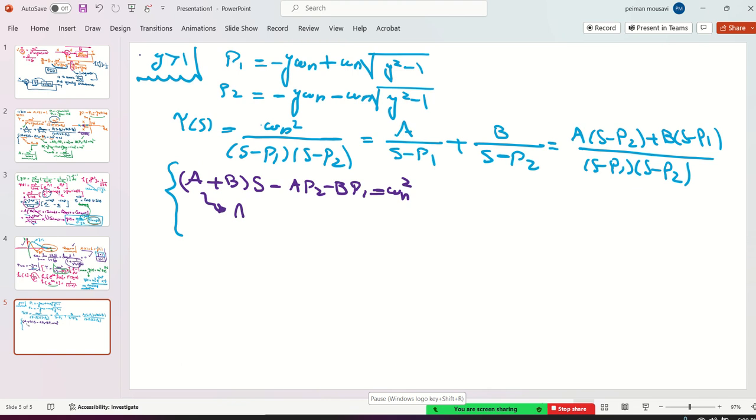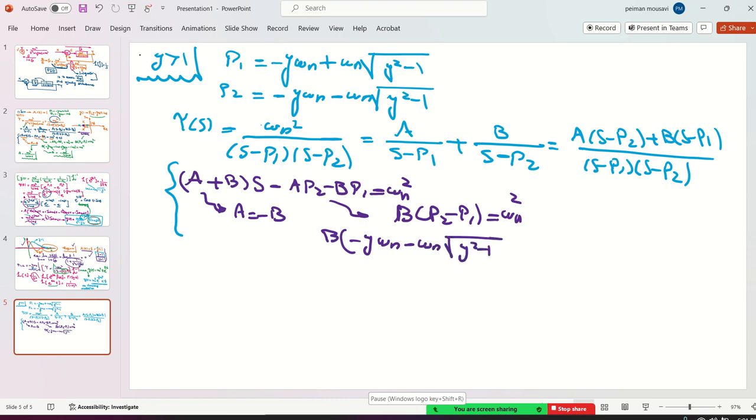Again, A is equal to minus B, nothing changes, so you have B(p2 minus p1) equals omega n square, with p2 minus p1 being minus 2 omega n times square root of zeta square minus 1.